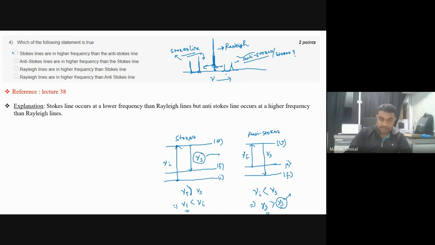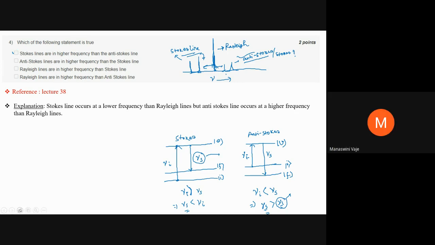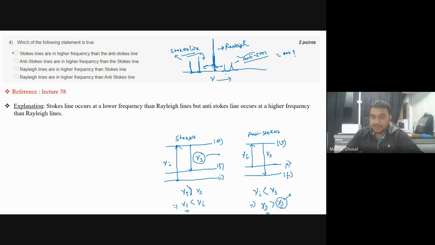The diagram is drawn here. For your clarity, I'm just asking this. These lines are for Stokes or anti-Stokes? These are Stokes lines, these are anti-Stokes lines, right?